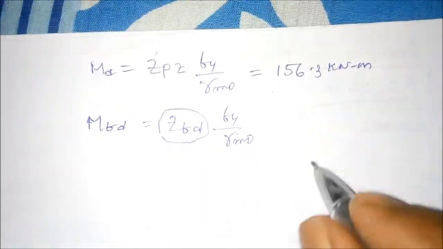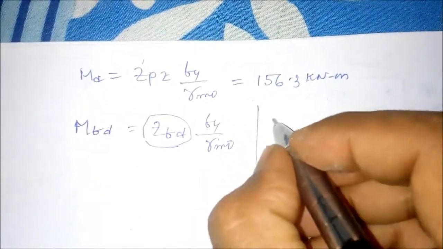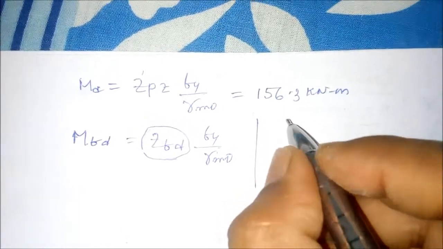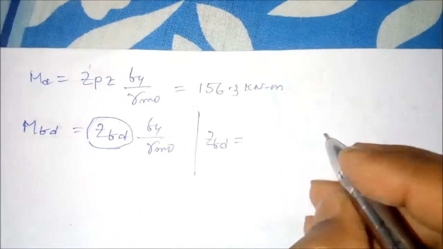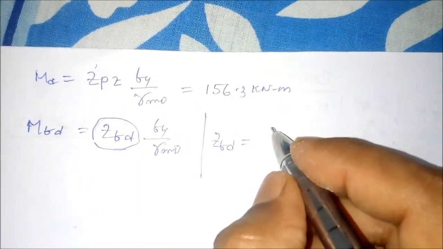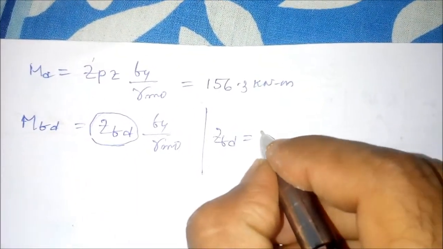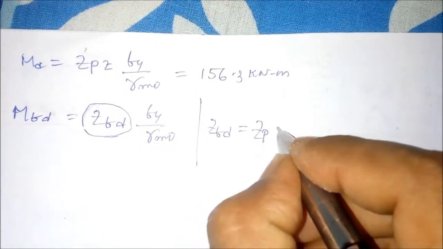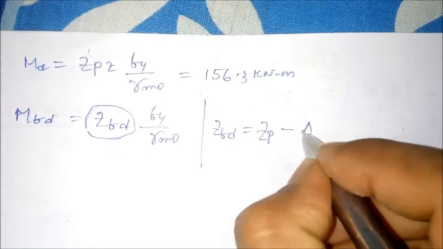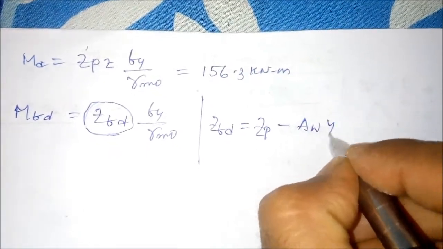This Zfd is basically the section modulus of the flange only. So Zfd, how we can find out? This will be equals to Zpz or Zp, whatever, minus Aw multiplied by yw.